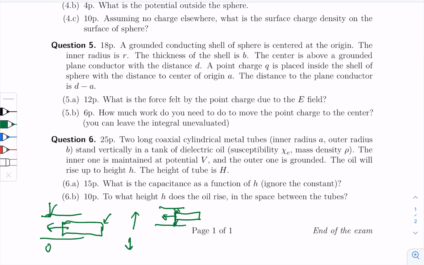One student here actually wrote down the answer that because in the ideal condition the force is always along the two plates, the oil actually will not rise. This is correct to the leading order, but not correct if you calculate the fringe field.